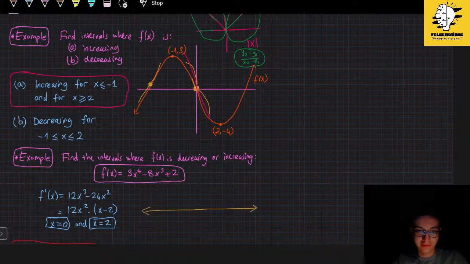Okay, so let's mark our points, and then when we mark them, let's give this slope function a value where it is less than 0. Let's say it's minus 1.